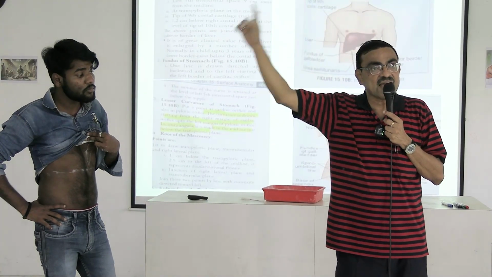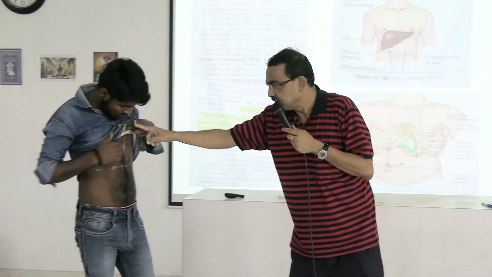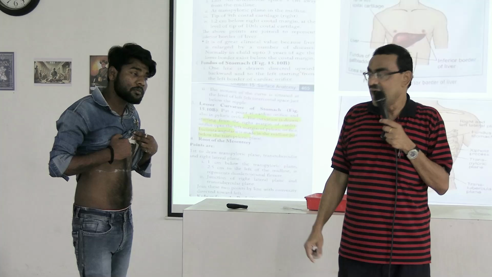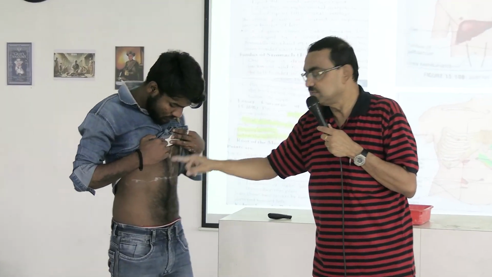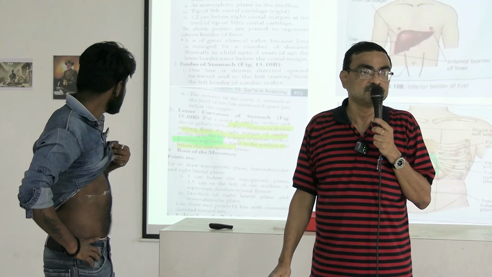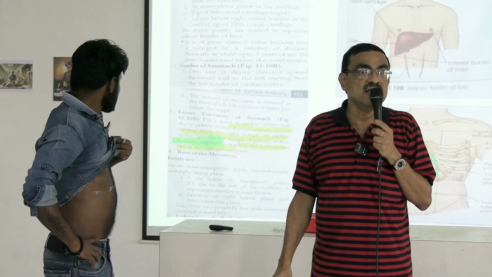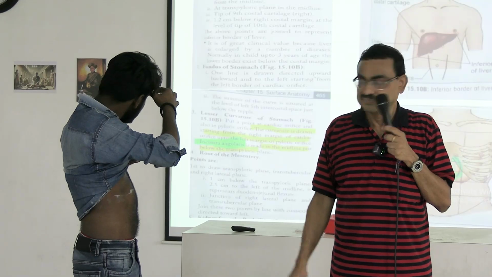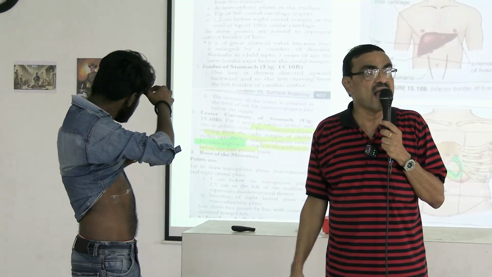So there is anastomosis between the right gastric and the left gastric artery. And there is one notch, which is called incisura angularis.